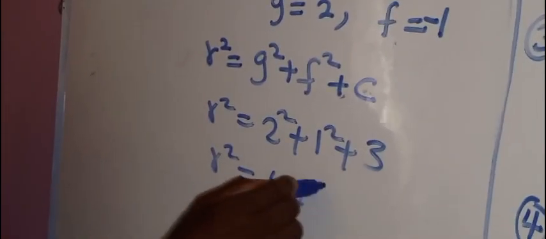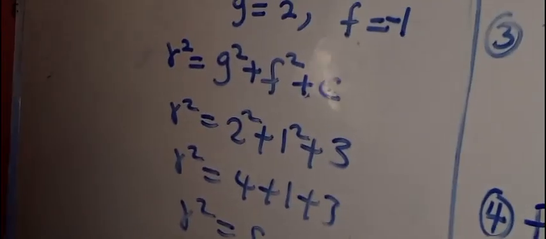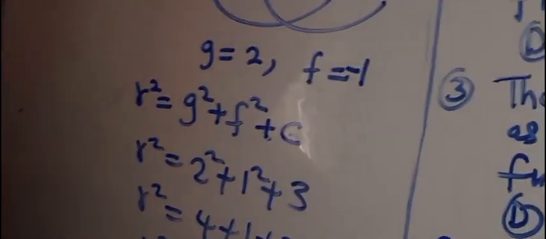So r squared will be 4 plus 1 plus 3. r squared will be 8. So r now will be the square root of 8. Remember that 8 is 2 times 4, square root. This 4 will come out as 2. So that is the radius.